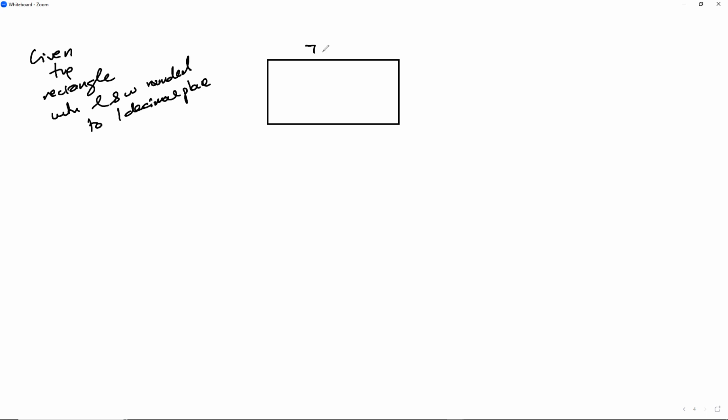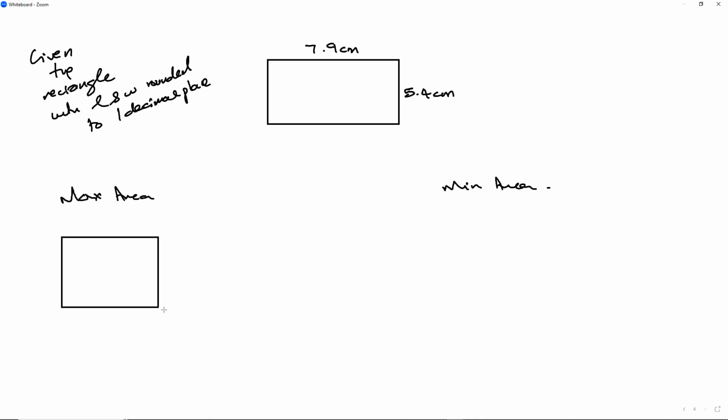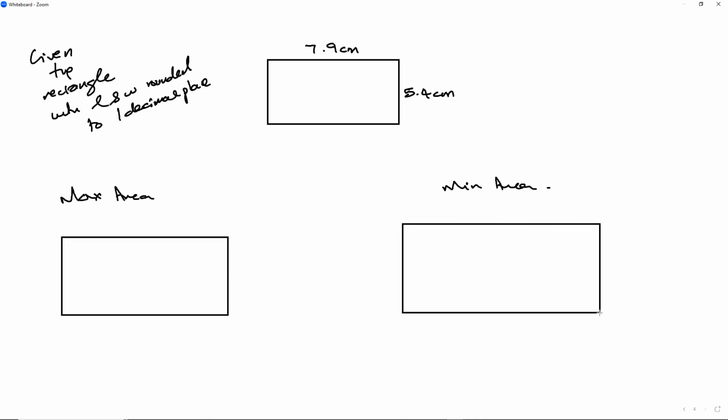Suppose this is 7.9 centimeters and this is 5.4 centimeters. See if you can get me the maximum area possible and the minimum area possible, and maybe just sketch it quickly as a rectangle, getting your bounds correct and getting the areas correct as well. Okay. Try it when you're done and we'll go through it.